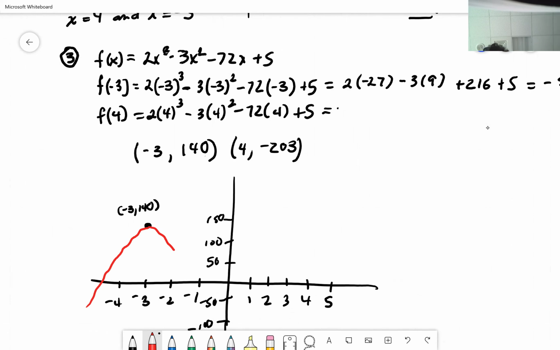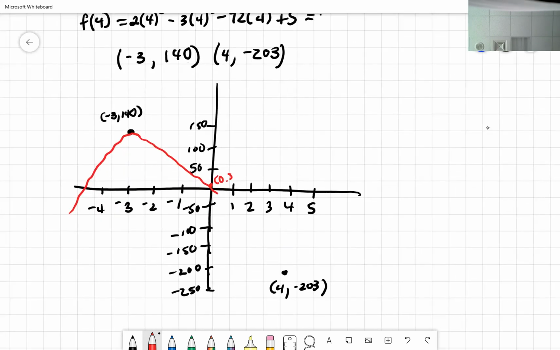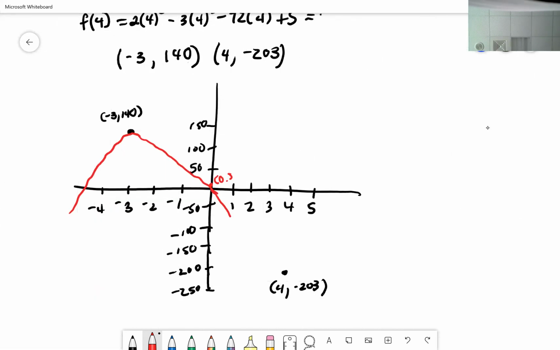So I know that this here is 5. So when this function comes back down, it should cross (0, 5) here on its way downward to here, and then goes back up. That's a quick sketch of this function.